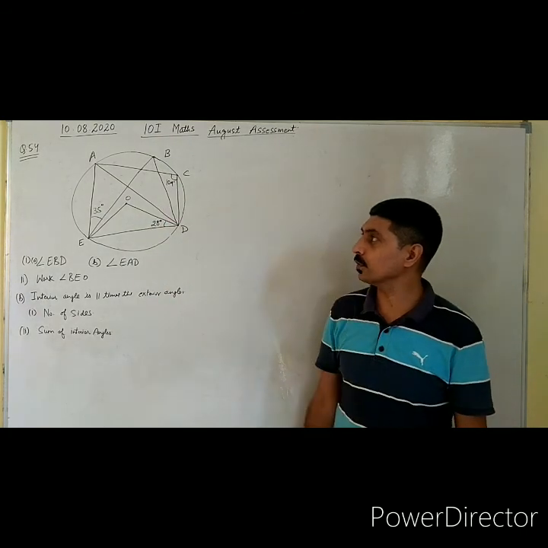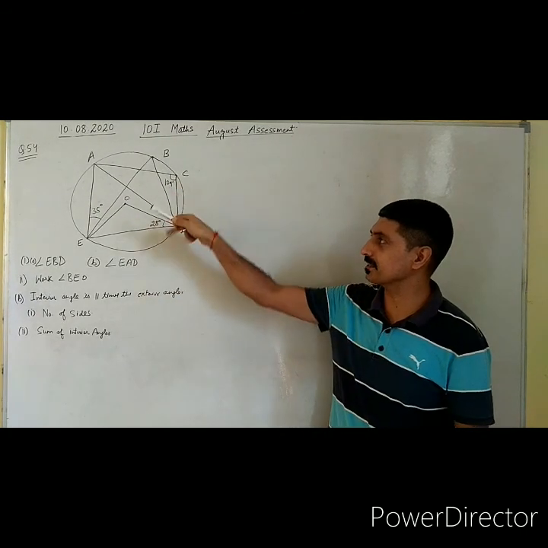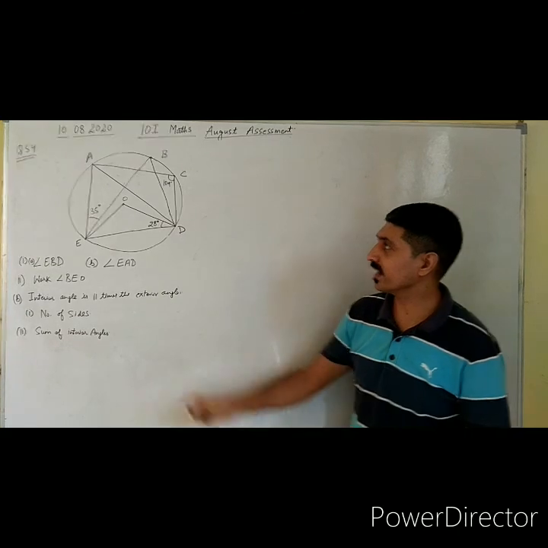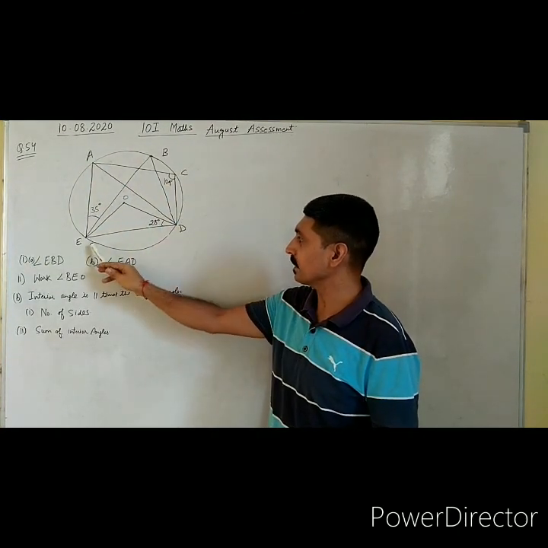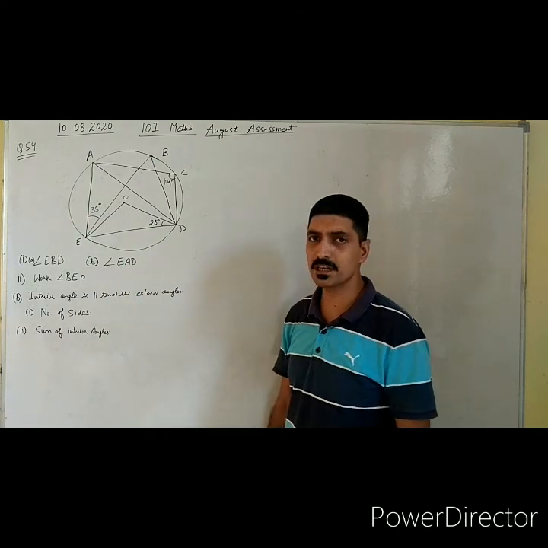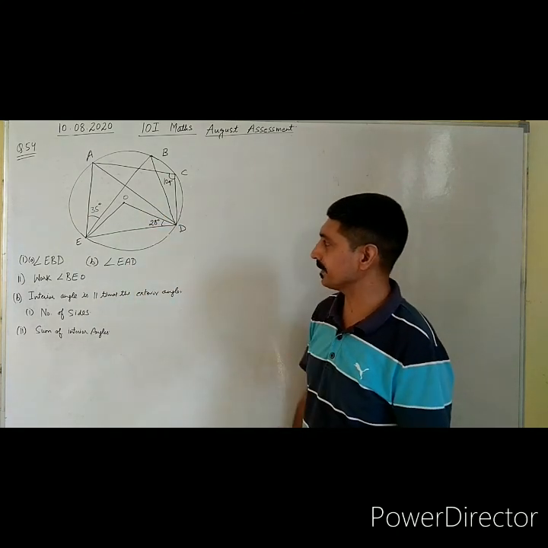Question number 54. The first part is related to the circle here. We have the points A, B, C, D, E on the circumference of the circle, and O is the center.